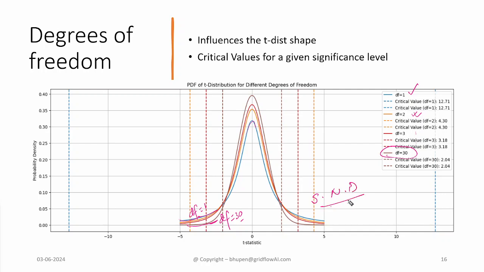So the t-distribution is similar to the normal distribution in shape, but the degrees of freedom is important in determining the shape and the outline of the t-distribution.